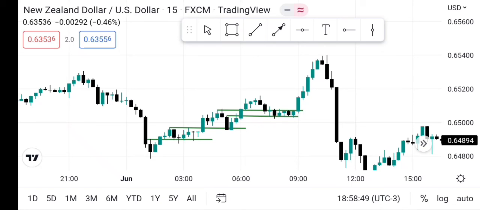Okay, now folks, there's something I want to point out here. Whenever you're trading on, let's say, the 1 hour or the 15 minutes or the 30 minutes time frame, always be considerate of what you have on your daily time frame. Follow the market. If you're bullish on the daily time frame, whenever you enter into your 15 minutes or your 1 hour time frame, always look for only bullish entries and nothing more.